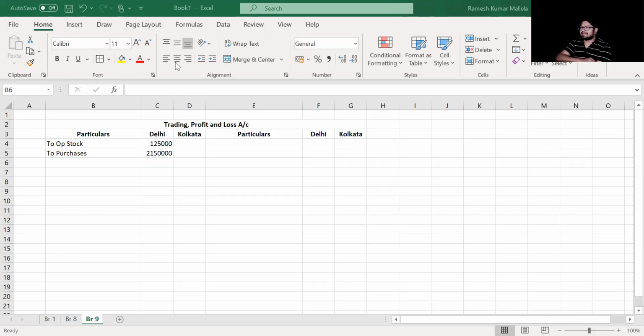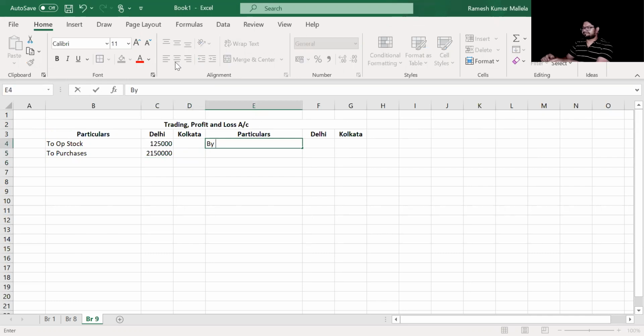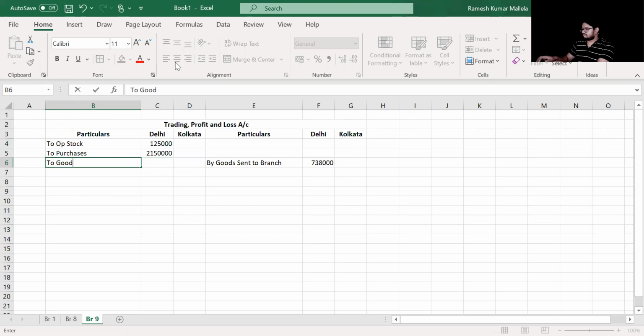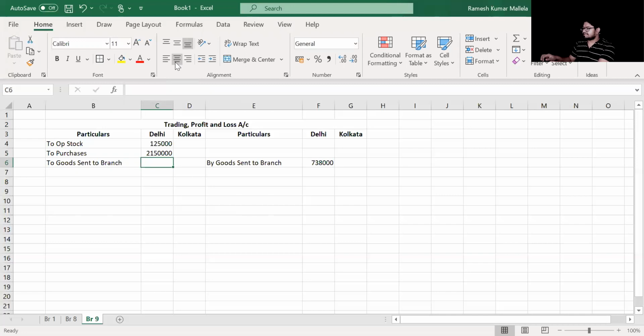This 7,38,000 is supposed to be taken by goods sent to branch, in head office books and in branch books. So I'll take it in here so that we can show each of these items parallelly. To goods sent to branch. It is in the Kolkata account. I'm supposed to say 7,38,000.